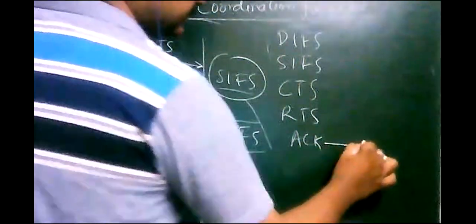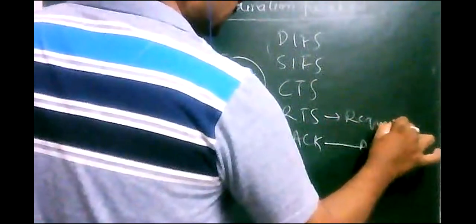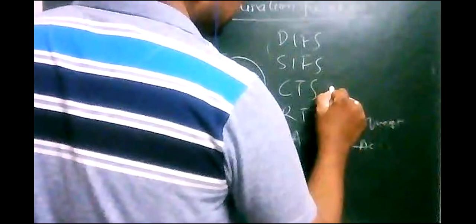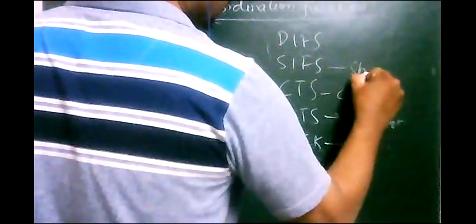This is acknowledgement and this is request to send. This is clear to send. This is short interframe space and this is distributed interframe space.